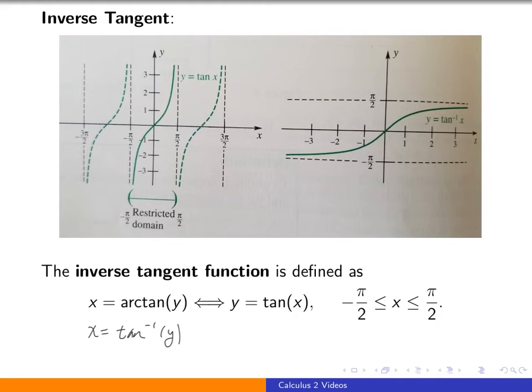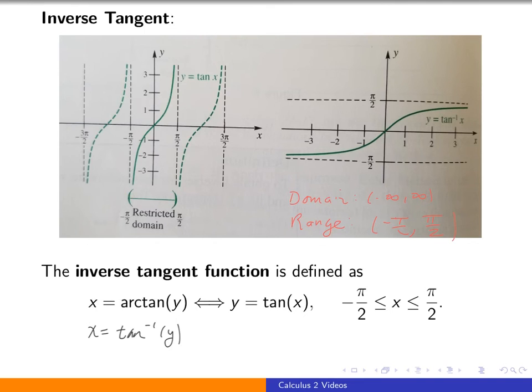Looking at the graph of the tangent inverse, we see that the domain is all real numbers, corresponding to those outputs we have for tangent. And the range goes back to that restriction of the domain for tangent, so minus pi over 2 to pi over 2.